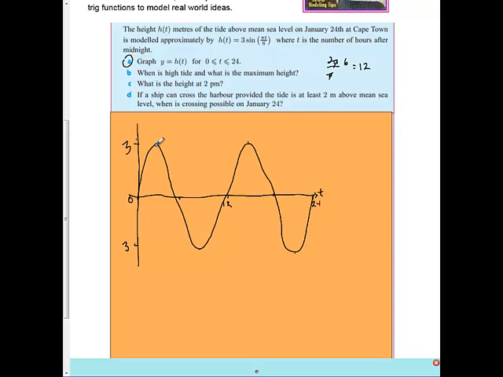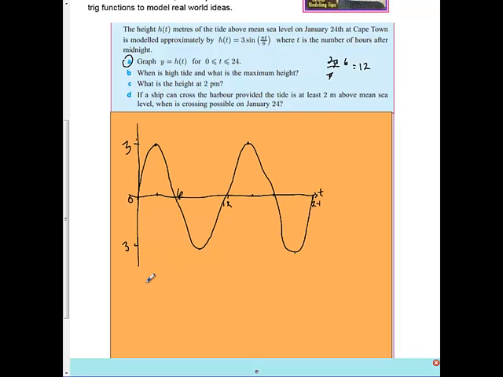There are going to be 2 of them, and you can actually see it here. You don't have to solve the equation algebraically. We're going to see that it's going to happen here at 3 hours, and then again here. These are hours after midnight. So this is 3 o'clock in the morning. This is 3 o'clock in the afternoon. Those are the 2 high tides.